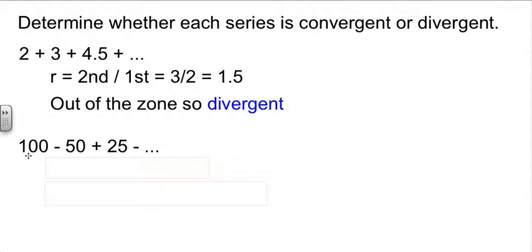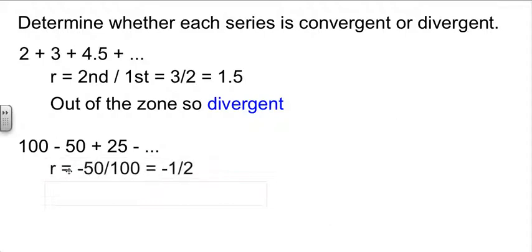Now let's consider this one, 100 minus 50 plus 25 minus and so forth. Okay. Notice this negative here. And before we had addition. Technically speaking, you're adding -50. We just get lazy and combine that down to a minus 50.